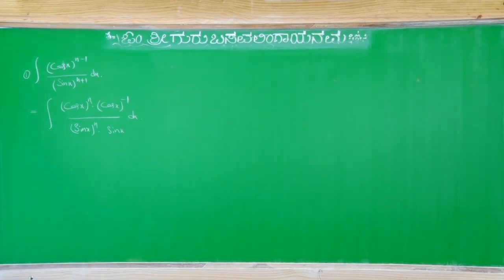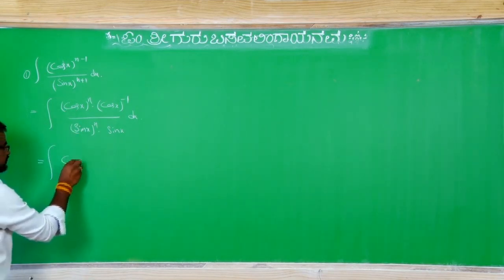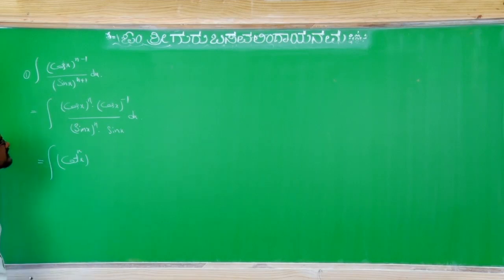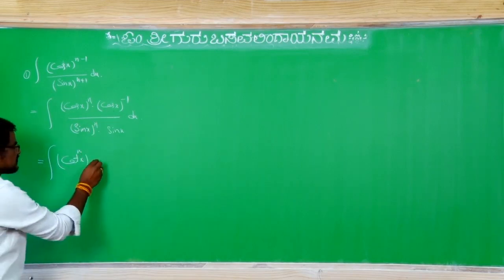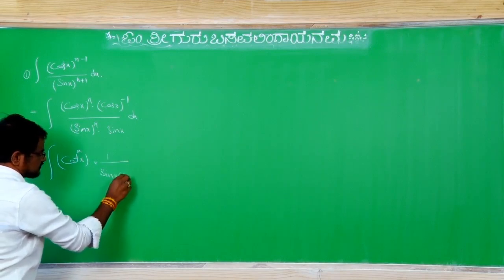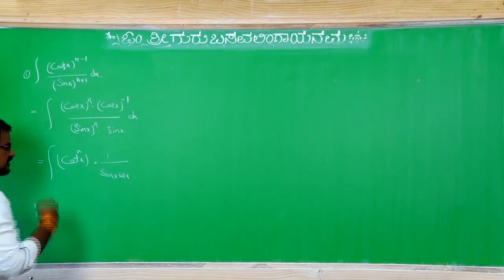Now that is equal to integration of cos by sin, (cot x)^n, and this is into 1 by sin x, cos to the power of minus 1 is 1 by cos x.